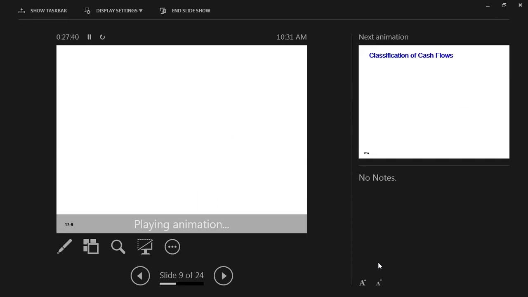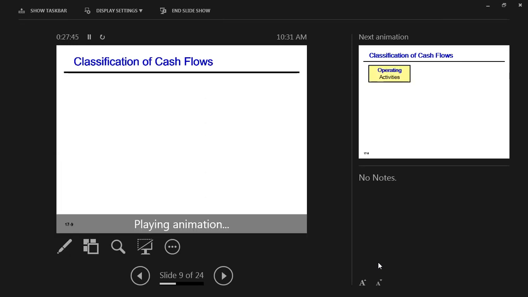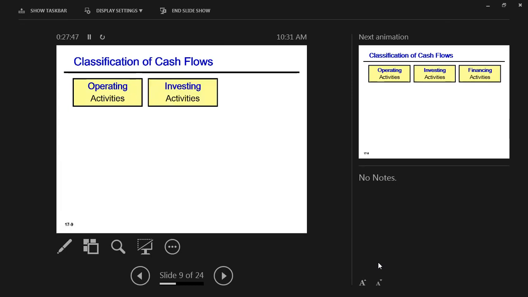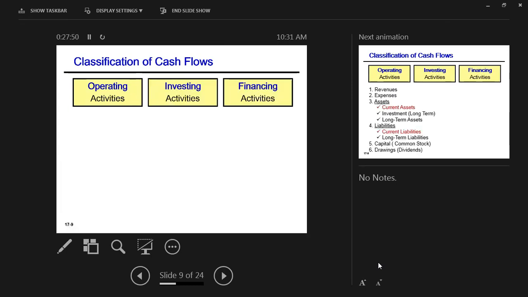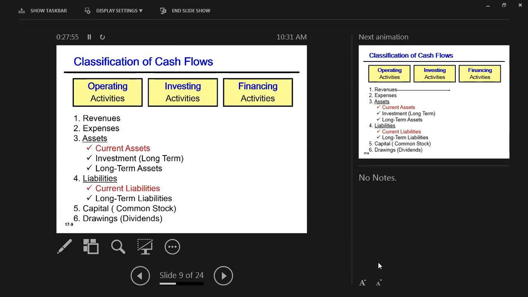Now let's see the summary. We have operating activities, we have investing activities, and we have financing activities. Now I put some examples here. And in your exam question, you also have this kind of information. When you read a question, you will find that you have revenues, you have expense, you have current asset, you have long-term investment, you have long-term liabilities, you have long-term asset, you have common stock, you have preferred stock, you have dividend.